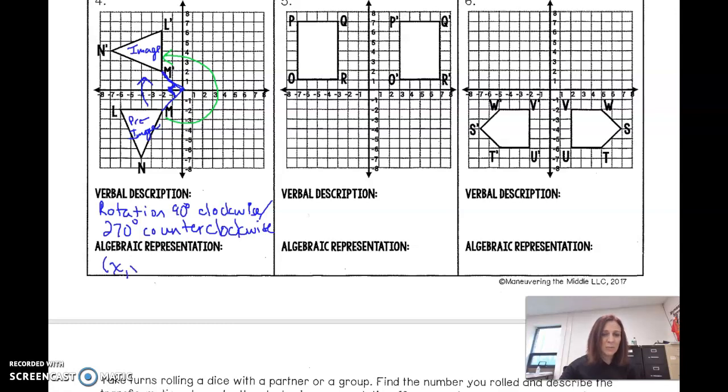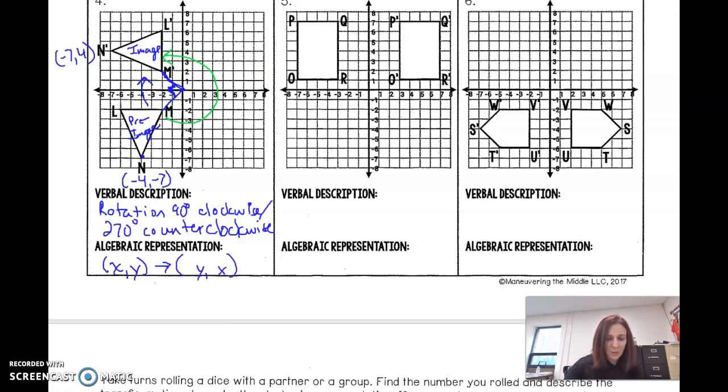So our algebraic representation, our coordinate notation, just take 2 points here. So if I'm just going to take N, this is the point (-4, -7). And N prime over here is (-7, 4). Okay, so notice we switch the x and y around, y and x, okay?